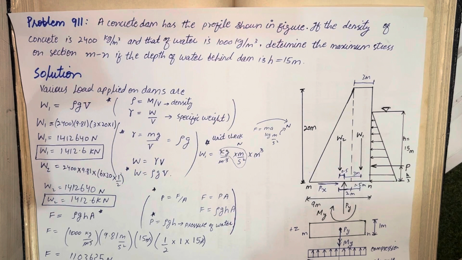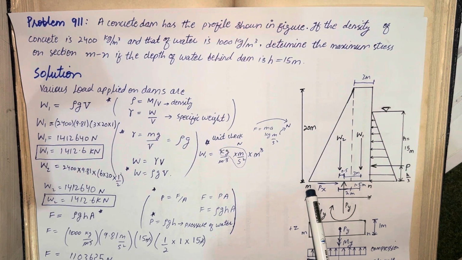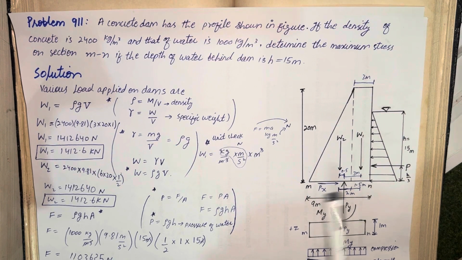But here we have to calculate the combined stresses at section M and N. We don't have any concern with sliding and turning, so we have to just calculate the combined stresses at the base, section M and N.